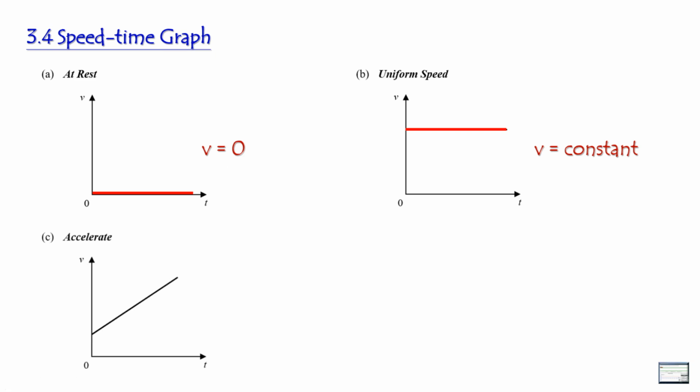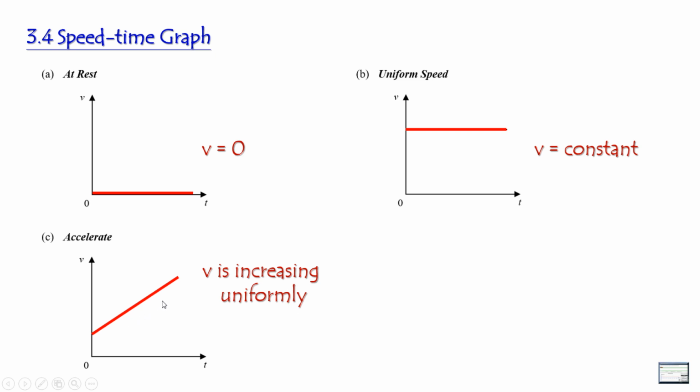Okay. And for this one, at the beginning, the car travels with a small speed, and the speed gets bigger and bigger. The object moves faster and faster. So we can say that the object has a speed which is increasing uniformly. That means the speed is increasing constantly. We can say that it moves with constant acceleration.